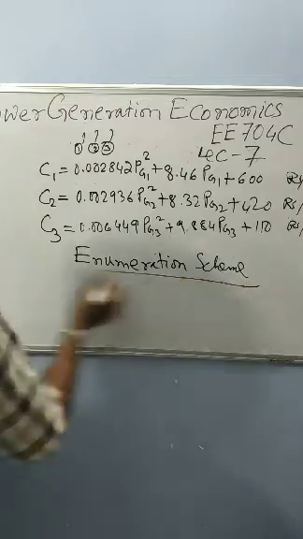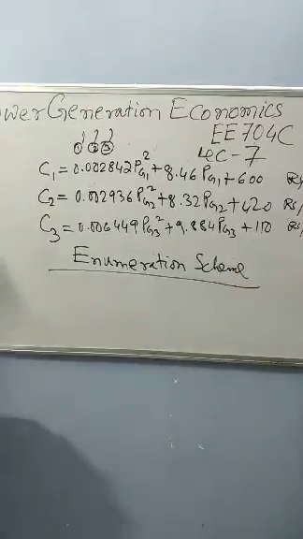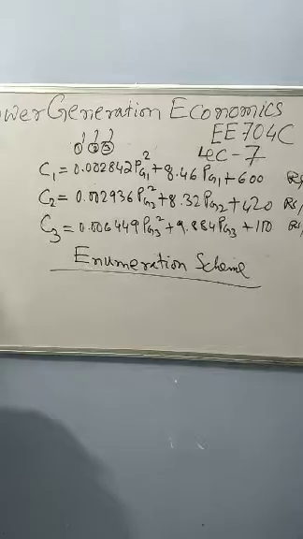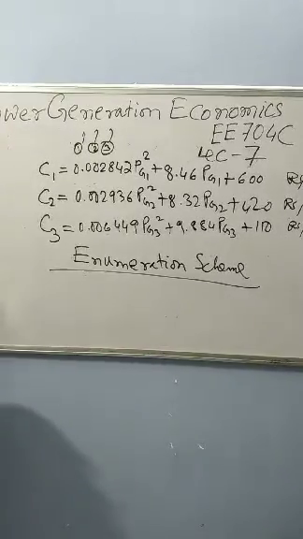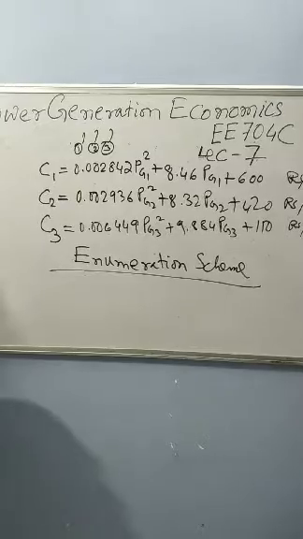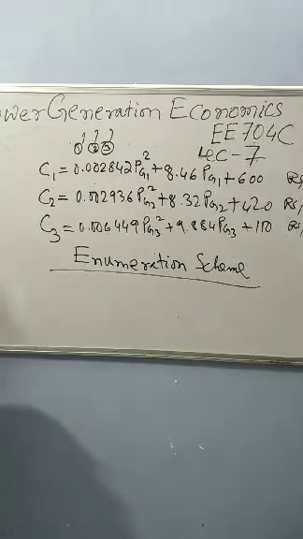So write down: the enumeration scheme is a straightforward but highly time consuming way of finding the most economical combination of units to meet a particular load demand, by trying all possible combinations of units that can supply the load.